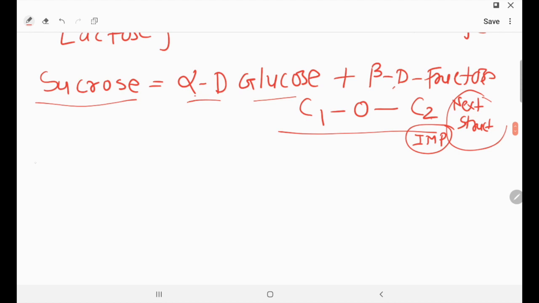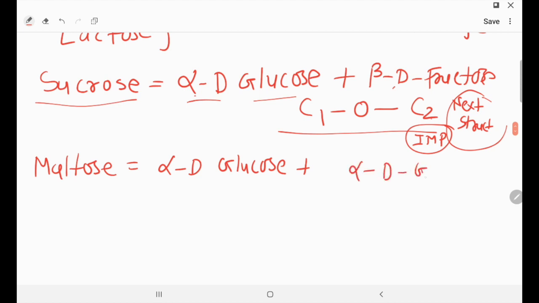In the case of maltose, maltose is made up of alpha D glucose plus alpha D glucose, and the linkage is between C1 and C4 via oxygen.